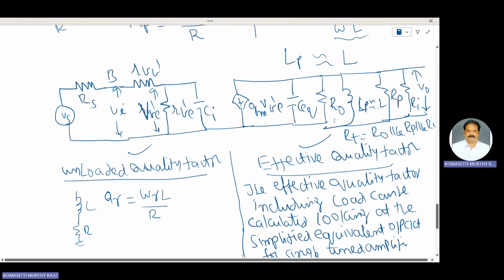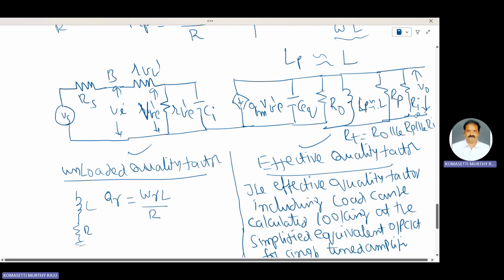RT means R naught parallel with RP parallel with RA. Generally, load means consider input resistance of that next stage. The transistor output resistance R naught and input resistance of the next stage acts as a load to the previous stage. R naught is the output resistance of the first stage.